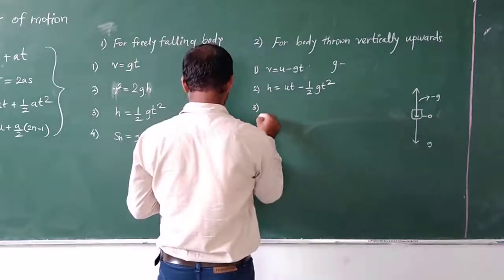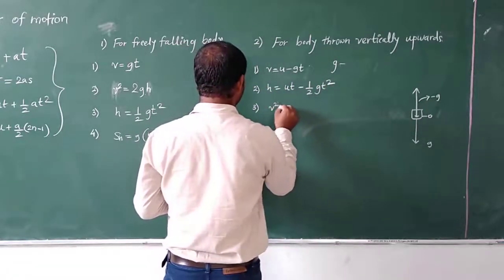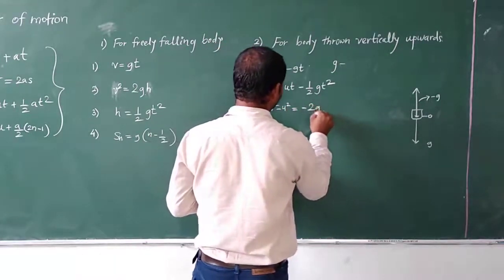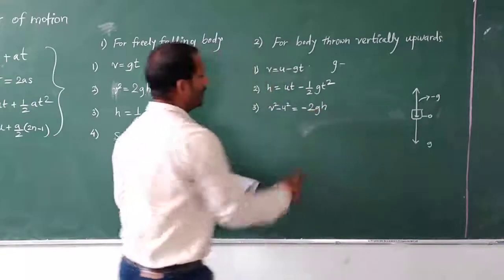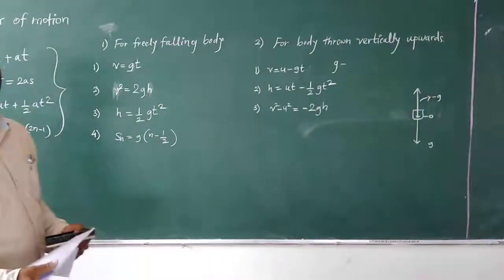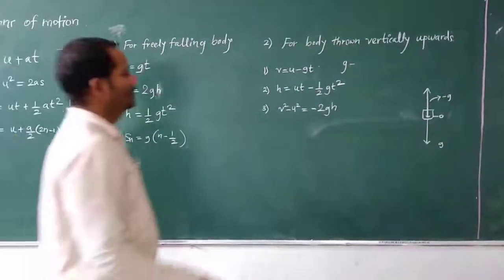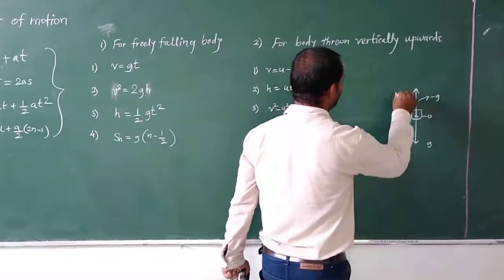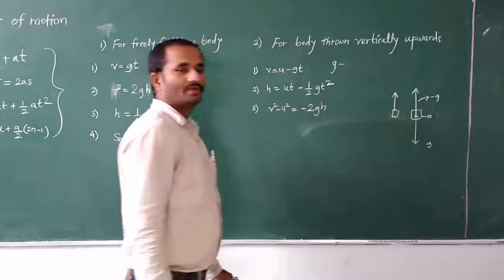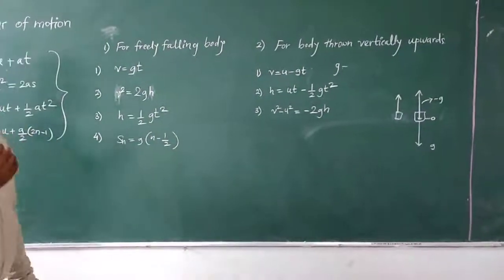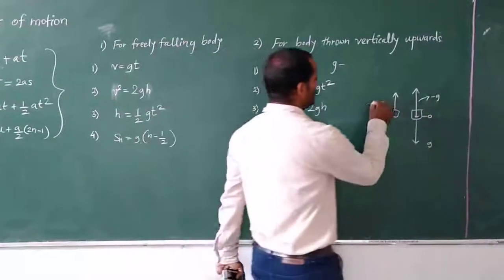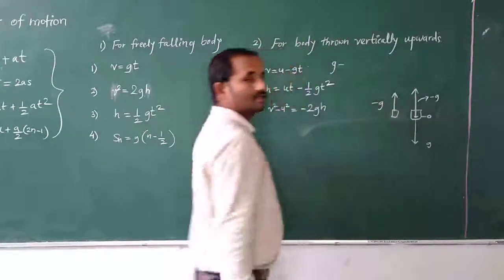The third equation becomes v square minus u square is equal to minus 2gh. Why have I written the minus sign here? Because I am throwing this body in the upward direction, which is opposite to the gravitational force of attraction. So I have taken minus g.